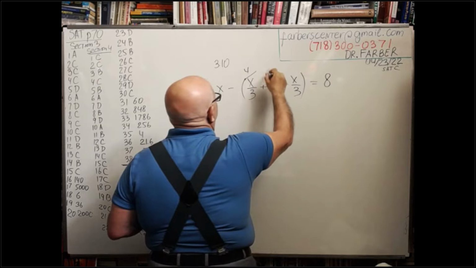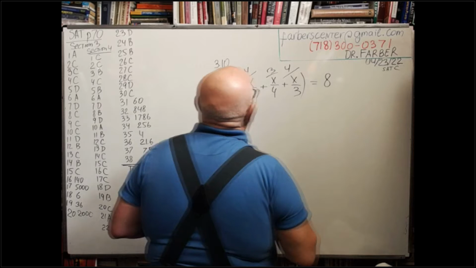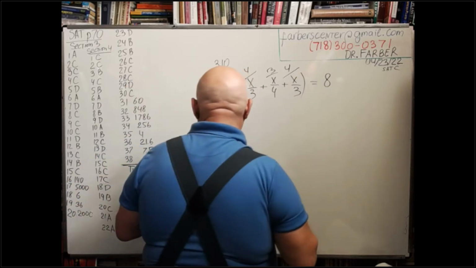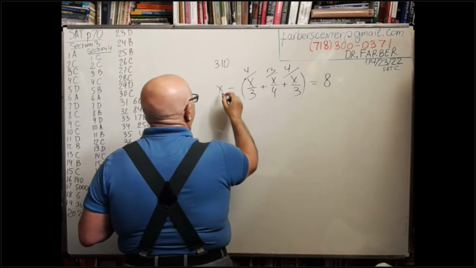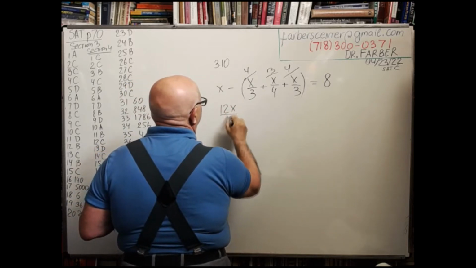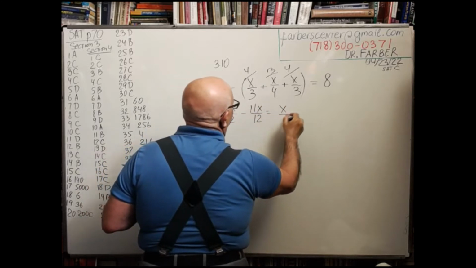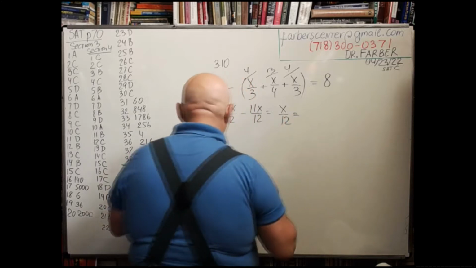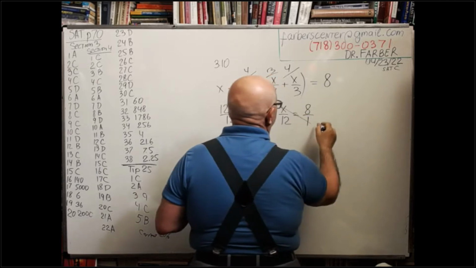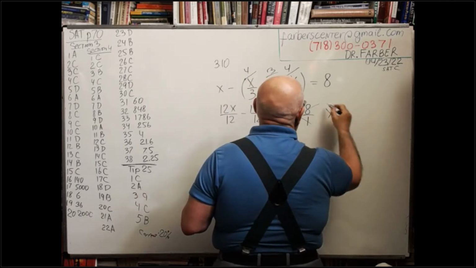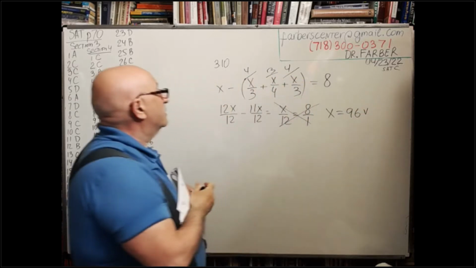This is 4, this is 3, this is 4. And 4 plus 3 plus 4 is 11, over 12. So this is 12 over 12 minus 11x over 12, which is x over 12, equals 8, or 8 over 1. Cross multiply, x equals 96. Yes, 96.